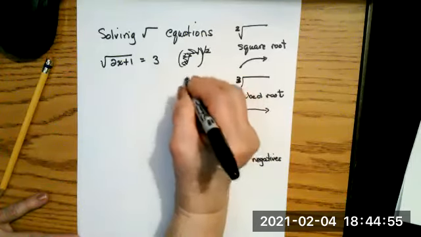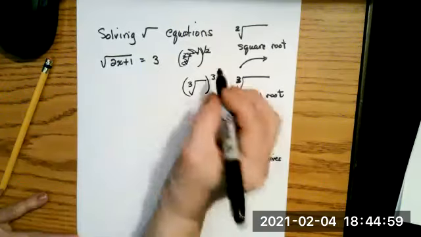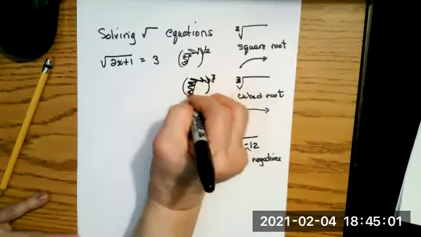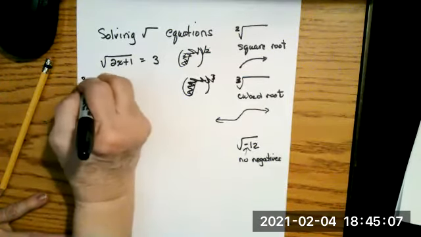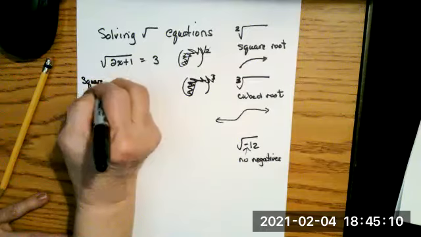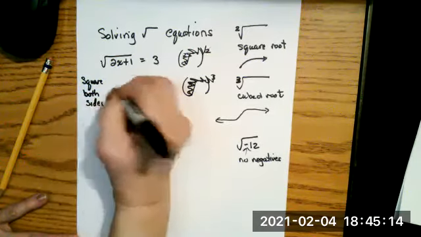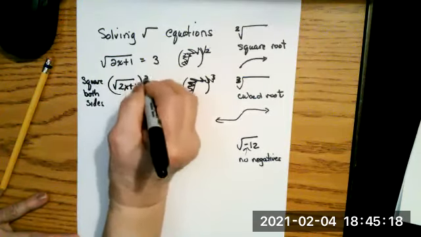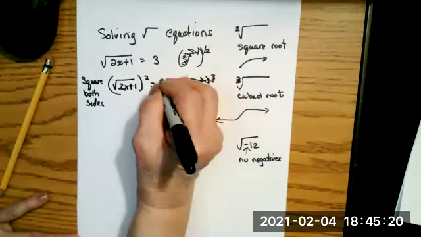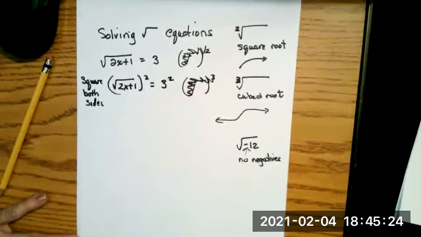If you had the cube root of something and you cubed it, it's going to cancel each other out and make the symbol go away. So to solve these, since this is a square root, you're going to square both sides. So the square root of 2x plus 1, quantity squared, equals 3 squared. If I square this side, I have to square the other side.